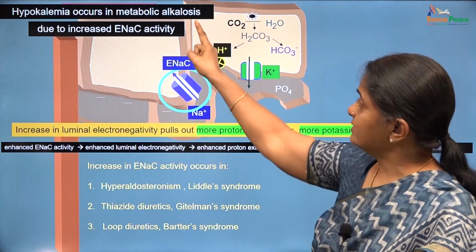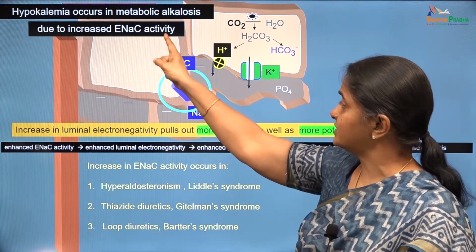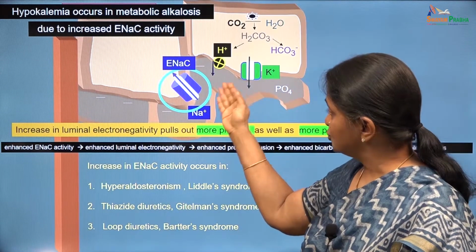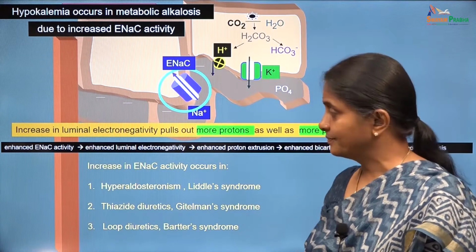So, hypokalemia in those conditions with increased ENaC activity is due to increased loss of potassium in urine.